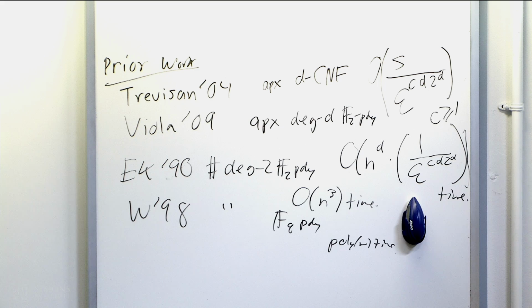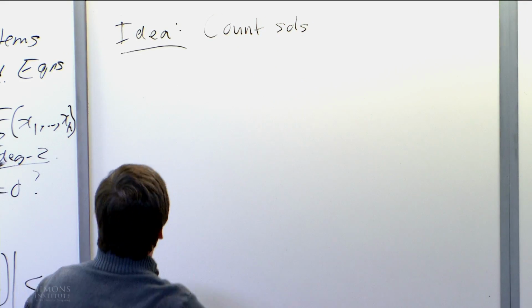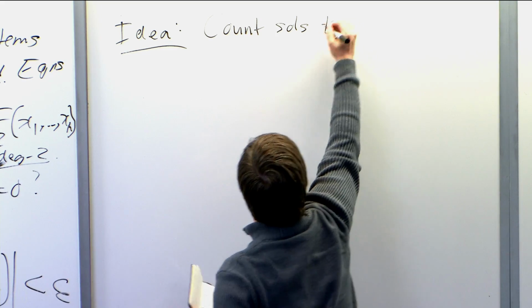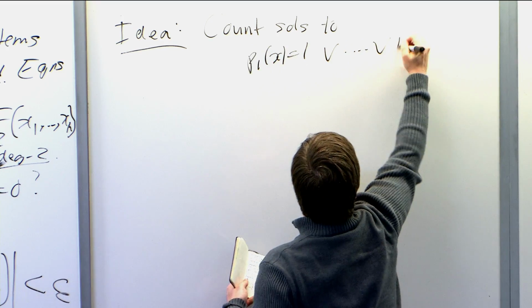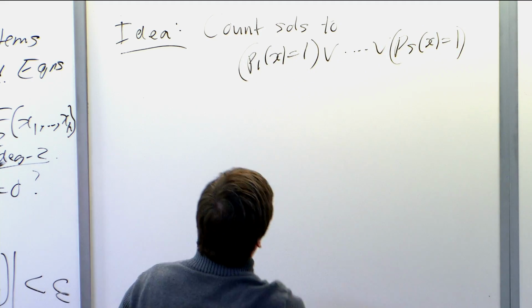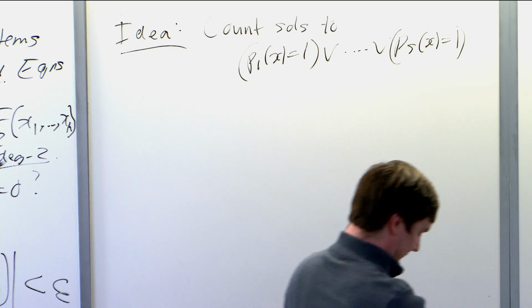Yeah. So the first idea, we don't have to do this, I just want to say, but it makes the rest of the exposition pretty easy to think about. The first idea is we want to count solutions to sort of the complement. So we want to find solutions that make at least one of these equations 1, over F2.